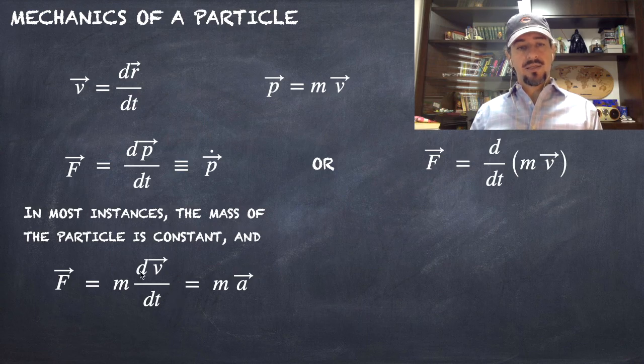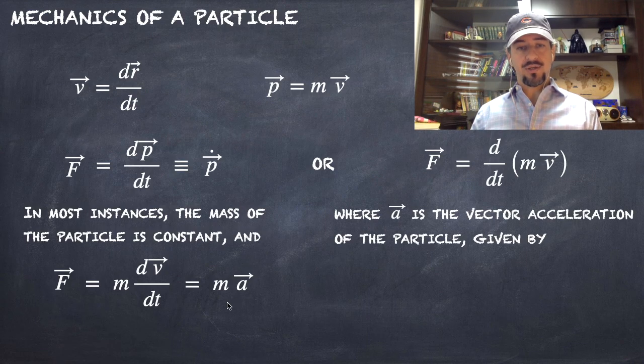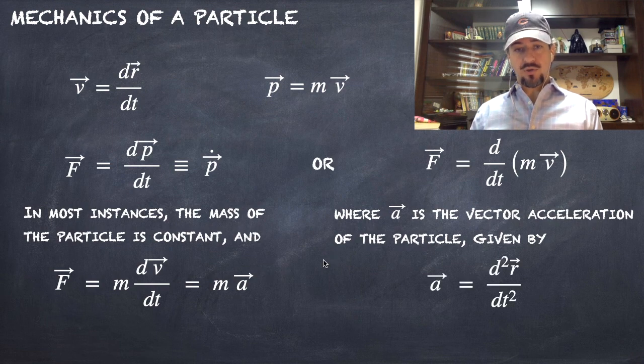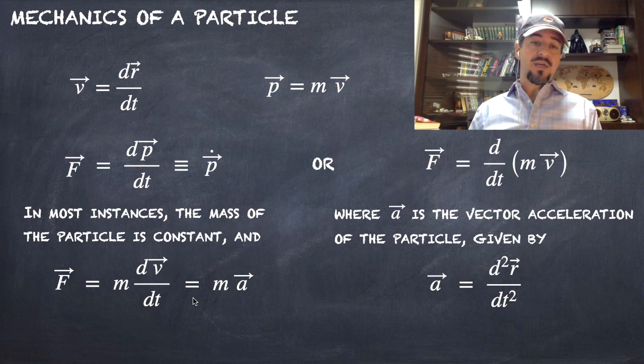And this dv/dt is equal to the acceleration a, where a is the vector acceleration of the particle, which is given by the rate of change of the velocity with respect to time.